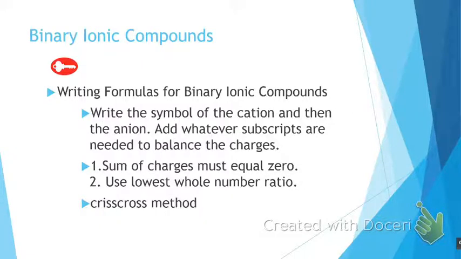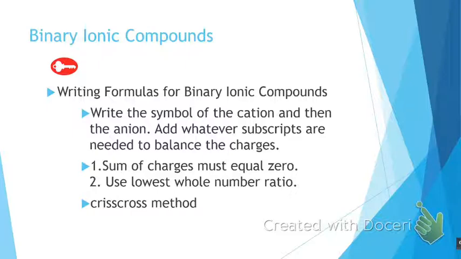Okay, so here are some rules for writing formulas for binary ionic compounds. Write the symbol of the cation and then the anion. Then add the subscripts that are needed to balance the charges, remembering that the sum of the charges is equal to 0 so that it's a neutral compound, and we're going to use the lowest whole number ratio.